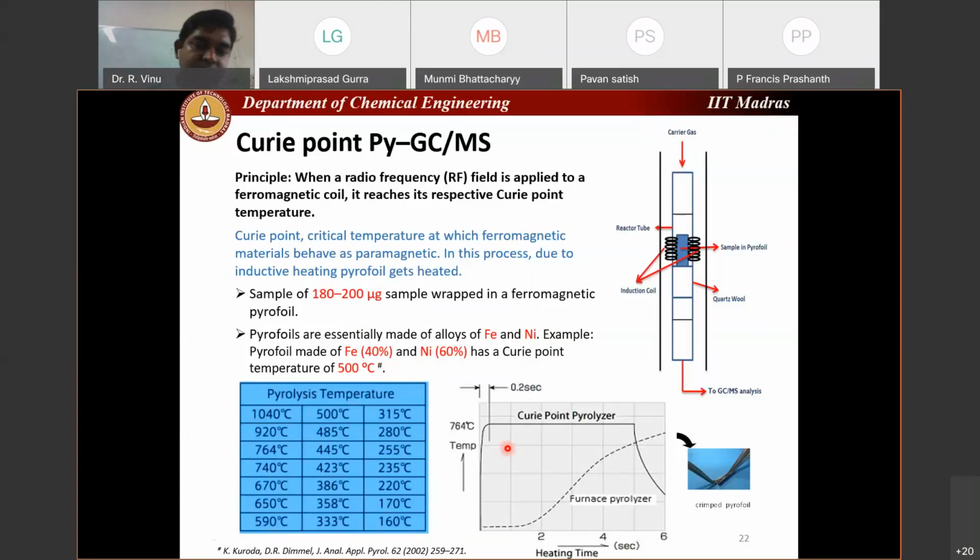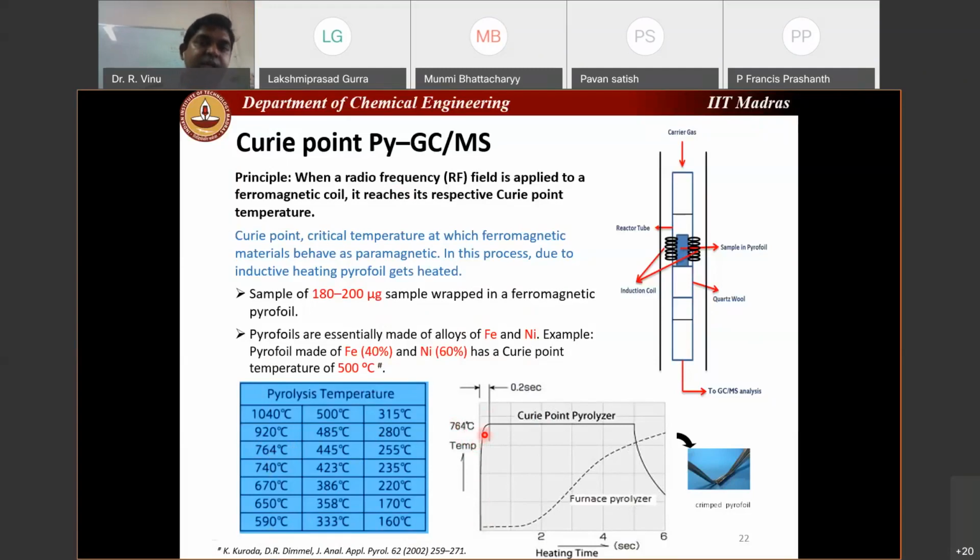It is reported by the manufacturer that the heating rate is quite high, because the sample is going to be in intimate contact with the pyrofoil in which it is packed. So let's say if you set 764 degrees Celsius, corresponding to this pyrofoil, it is reported that the set temperature is reached within 0.2 seconds.